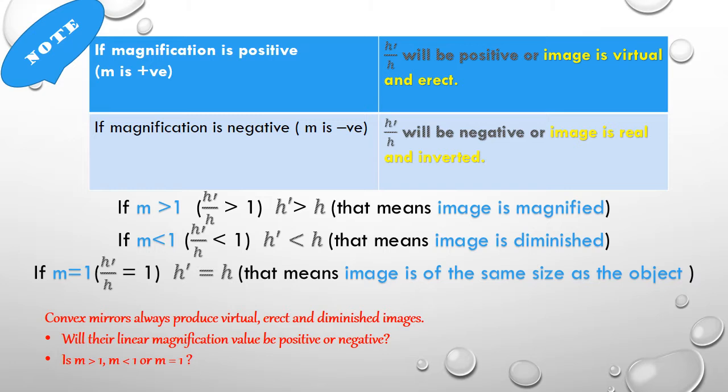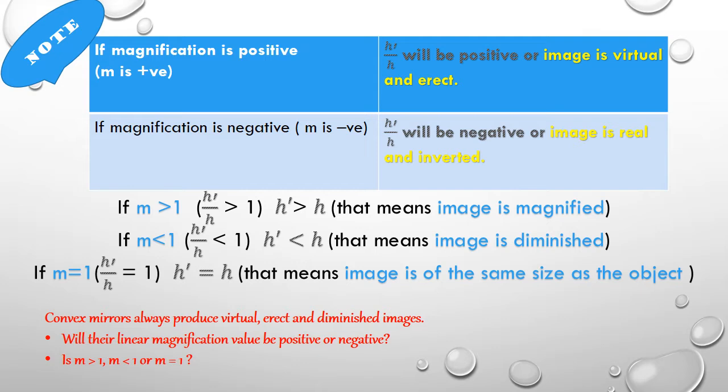If magnification is negative, that is if m is negative, h dash by h will be negative, or we can say image will be real and inverted. How, children? Because h we know is always positive, so the value of m becomes positive or negative depending on h dash. If the image is erect, h dash will be positive, and if the image is inverted, h dash will be negative, and we know inverted images are always real.